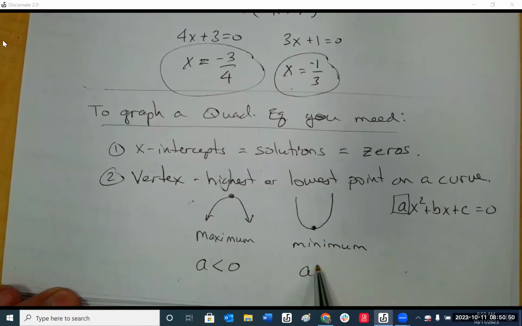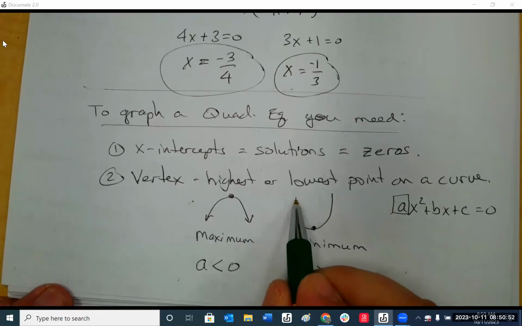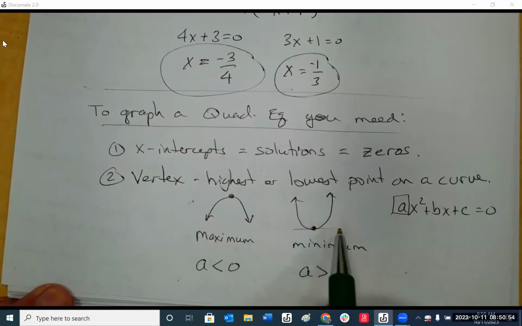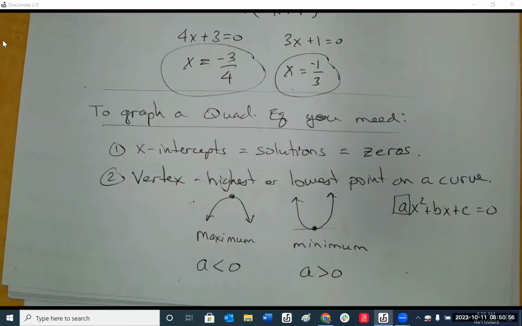If a is positive, the graph opens up and you have a minimum. You can tell me what you have, but just can't tell me where it's at yet.